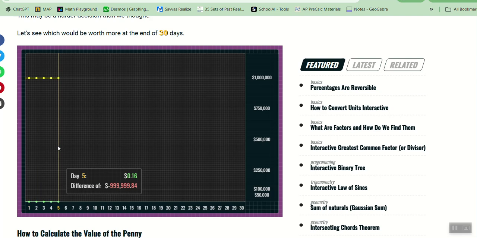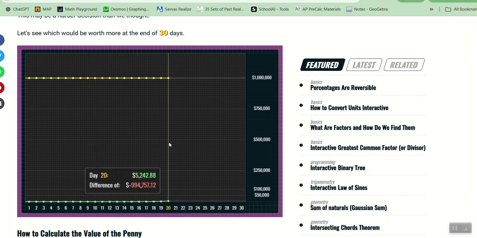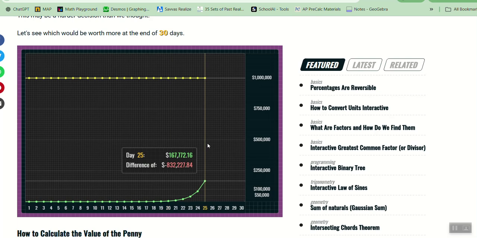My penny group, you have 16 cents. Oh, that's 10 days. You have $5.12. You still have $1 million. Okay, go to 20 days. Speed it up. You have $5,242.88. Still very short on money. Keep going.